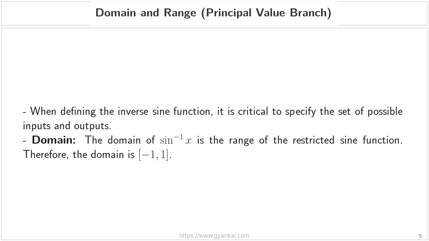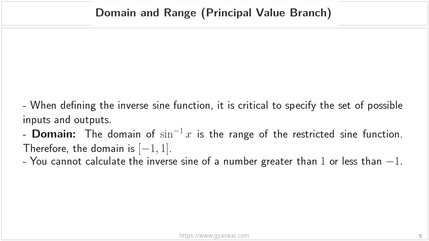Since the range of the restricted sine function is between -1 and 1, the domain of the inverse sine of x is the closed interval from -1 to 1. To put this simply, you cannot calculate the inverse sine of any number that is greater than 1 or less than -1, as these values fall outside the possible outputs of a sine function.